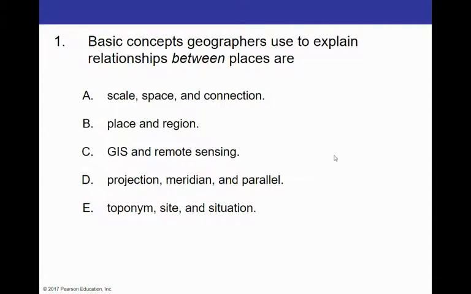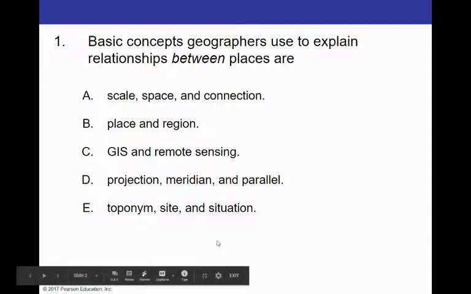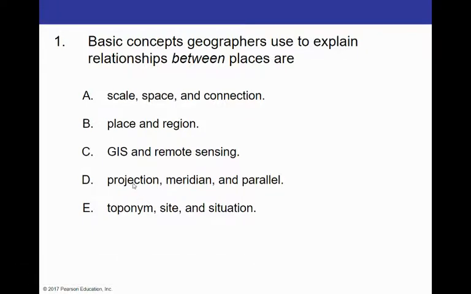Okay? So with this question, the basic concept geographers use to explain relationships between places are blank. Some of the ones that we should cross off, and hopefully you crossed off, are the ones that have nothing to do with place. Projection, meridian, parallel all have to do with maps and latitude and longitude. So you should cross that one off, as well as GIS and remote sensing.